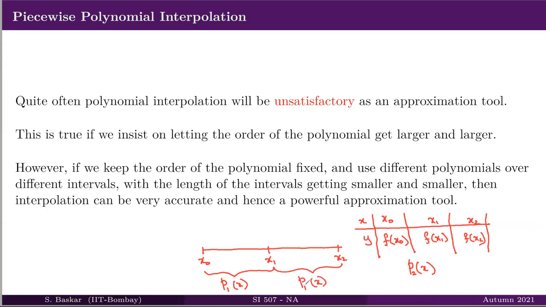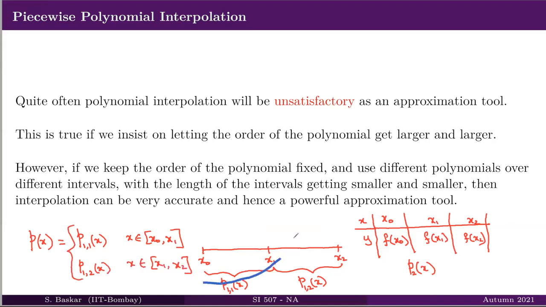To distinguish between these 2 polynomials, let us denote this by P11 of x and this polynomial by P12 of x. Now you define a function P of x equal to P11 of x in the interval x0 to x1 and P12 of x in the interval x1 to x2.